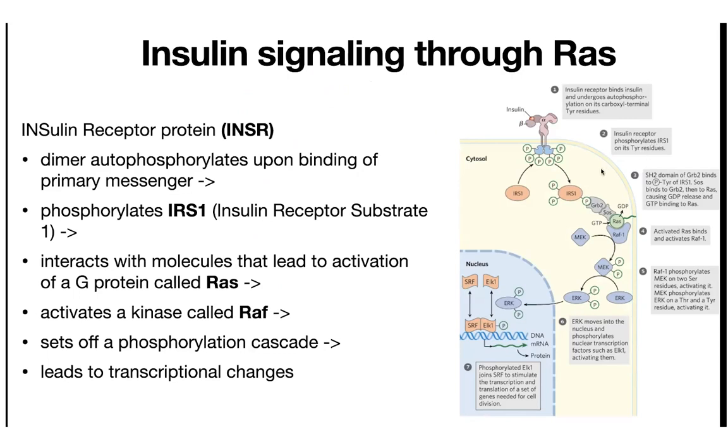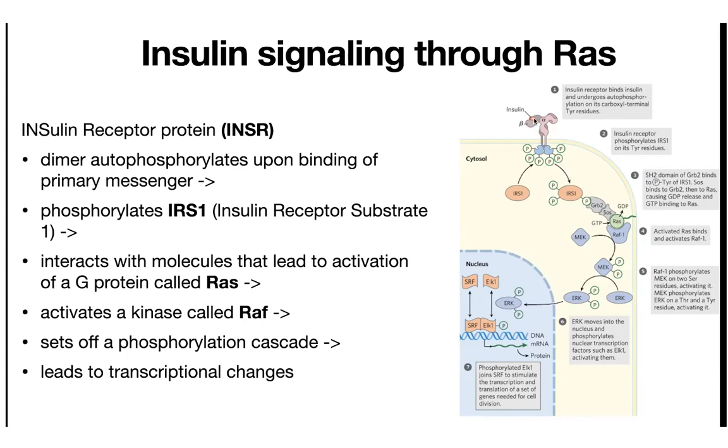Now, IRS1, once it's phosphorylated, is going to serve as a connection point. IRS1 stands for insulin receptor substrate 1. What it does is it's just this hub. It has sites that get phosphorylated by the insulin receptor, but only, remember, if the insulin receptor is activated.